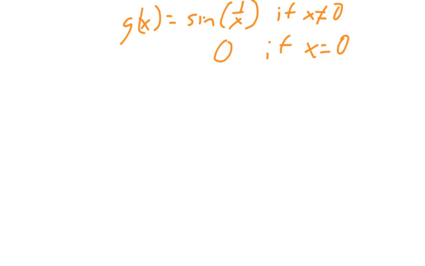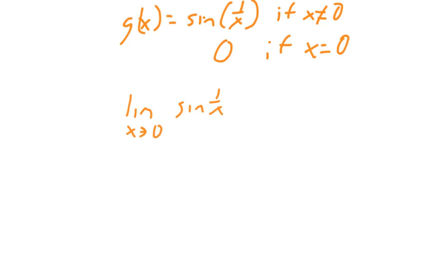Alright, one last problem for this video, and then we'll talk about the intermediate value theorem. Actually, we'll probably do this in this video as well. If I had a situation where they gave me the absolute value of sine of x, when sine of 1 over x if x does not equal 0, and 0 if x equals 0, I would need to find the limit as x approaches 0 of the sine of 1 over x.